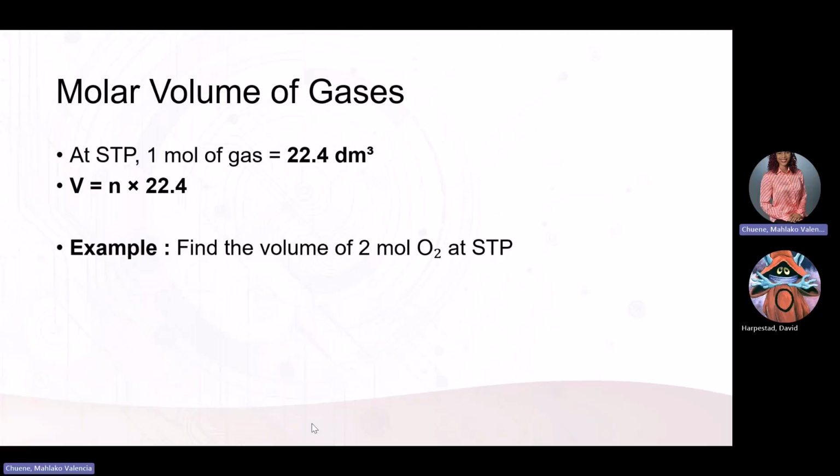We need to find the volume. In order for us to find the volume, we need to multiply those 2 moles by 22.4. So it is going to be 22.4 times 2, which gives us 44.8 decimeters cubed. All right, so that is the volume of 2 moles of oxygen gas at STP.